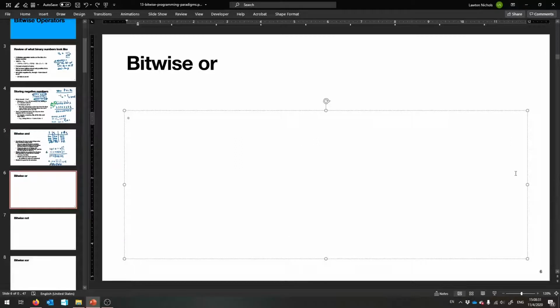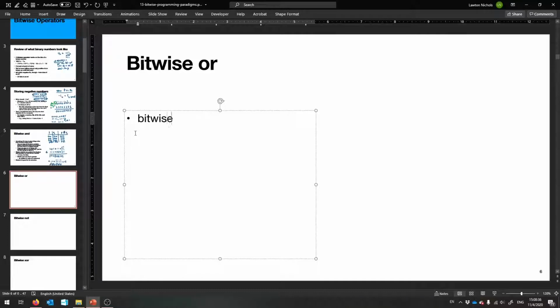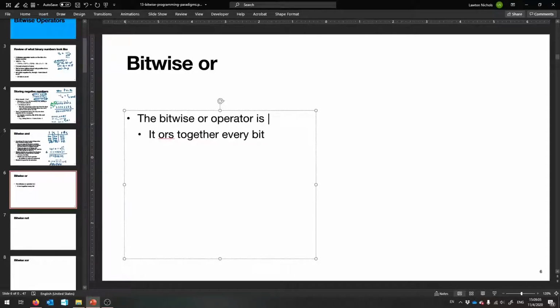know the game. So bitwise OR just does OR on those bits. Logical OR was 2 little pipes. Bitwise OR is just 1. The bitwise OR operator is just a single pipe, it ORs together every bit in a number, just row by row, or column by column.